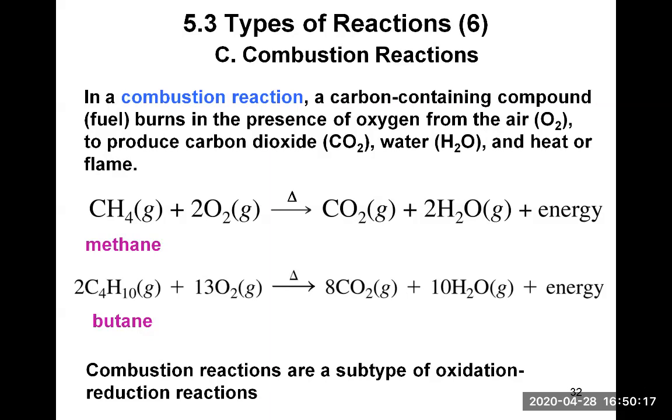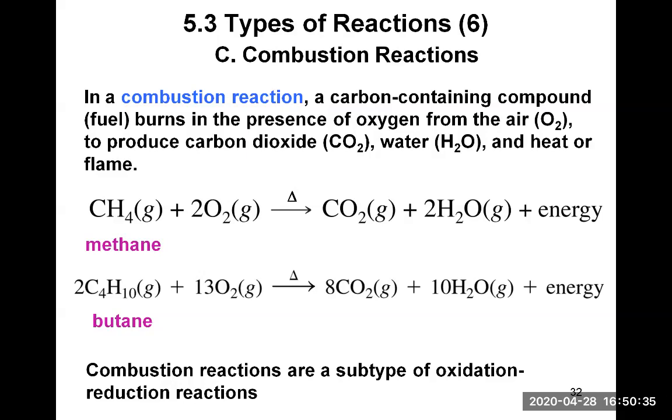So all of these are molecules made of carbon and hydrogens and oxygen. And when you burn them with oxygen from the air, you always will make carbon dioxide and water and release a lot of energy. And that's why we use them a lot.